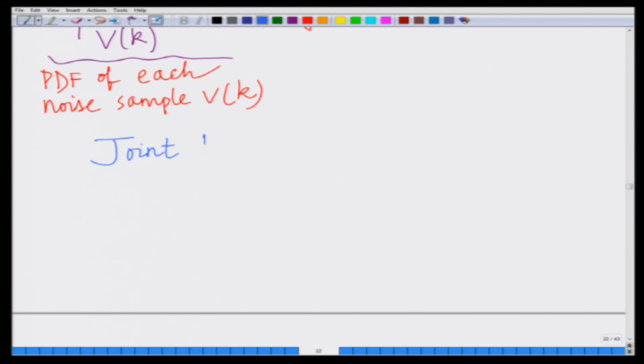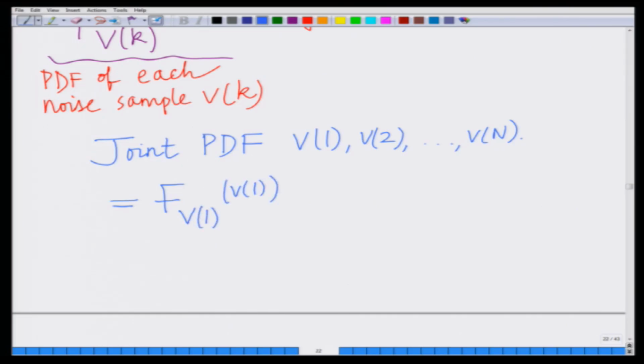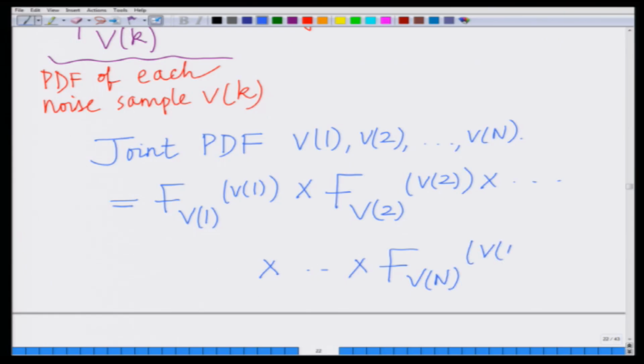Again, just to repeat it so as to be very clear, the joint PDF of V1, V2, Vn equals the product of the individual PDFs f of V1, f of V2, so on until f of Vn. Let us write this down.